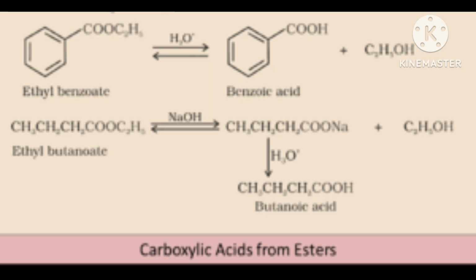Cyclohexene has one double bond in the ring, correct? Each carbon has 2 hydrogens, only where the double bond is there 1 hydrogen is there. The other four carbons are CH2. From cyclohexene you have to get adipic acid.